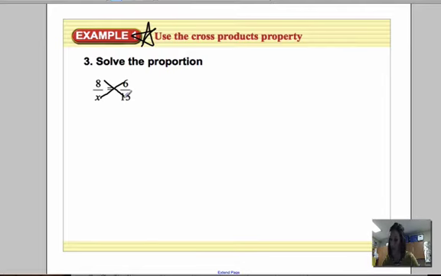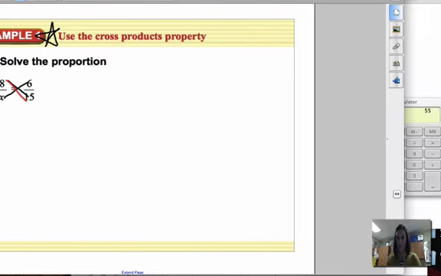So my first diagonal, that's 8 times 15. My other diagonal is 6 times x, which is 6x.